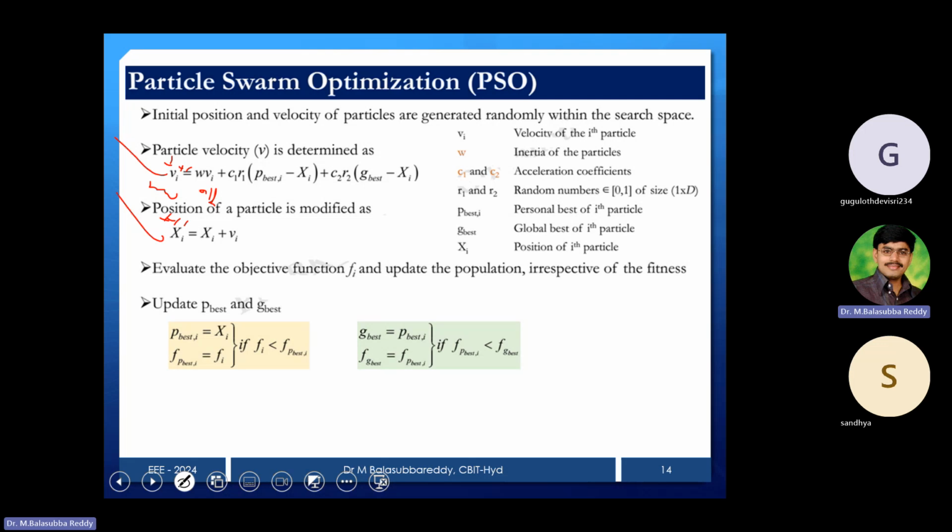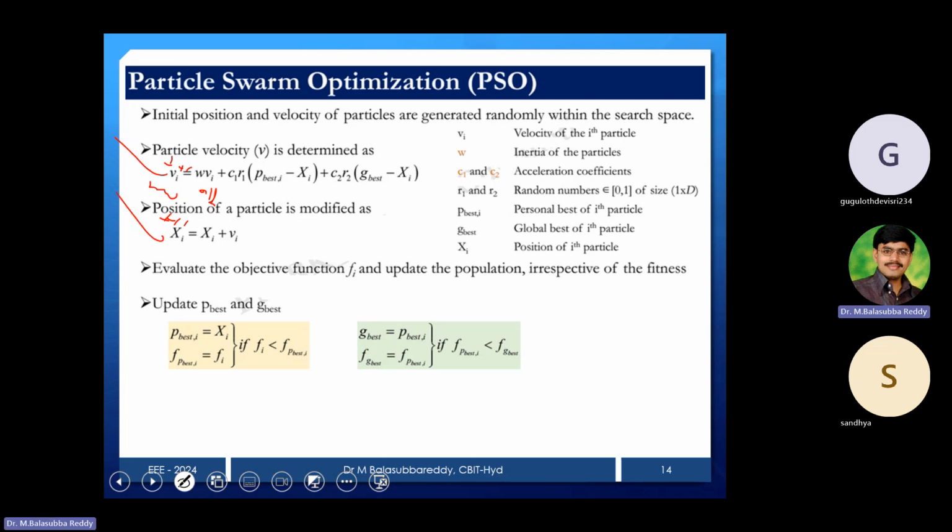Then the position of the ith particle; we evaluate the objective function Fi and update the position. Irrespective of the fitness, update the P best and G best.